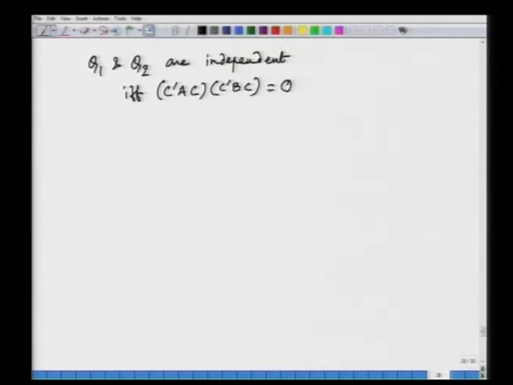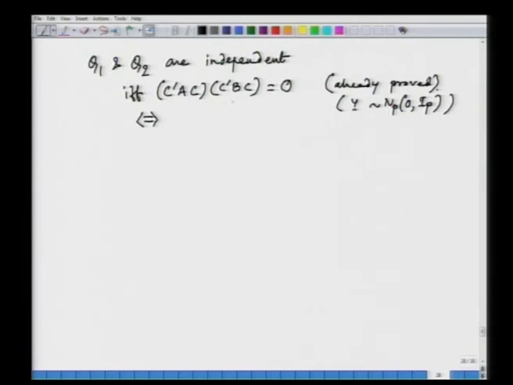Now, this result is incidentally already proved, because here the random vector y has a setup with the identity matrix as the covariance matrix, and this has been proved for this case. So, what remains to prove is that this equal to null is equivalent to what we want to show to be null, that is A sigma B is null.